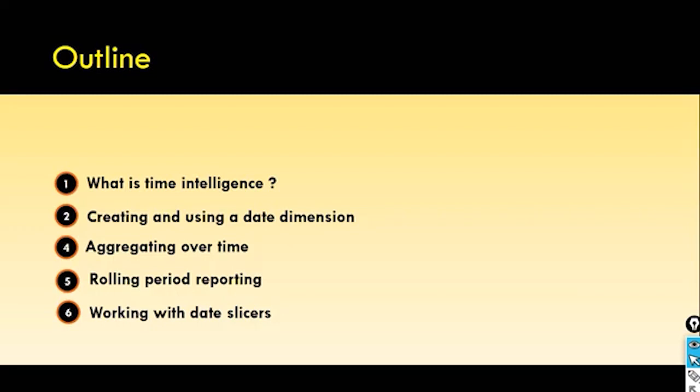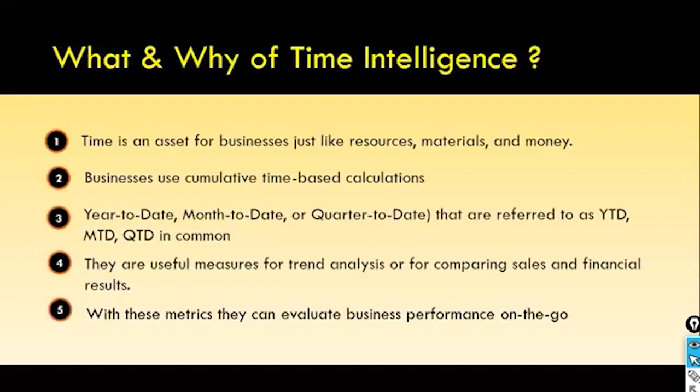So in business, you need to monitor and measure periodically. Unless you monitor and measure it, things can go haywire. That is also the reason why they use measures like year to date, month to date, and quarter to date.